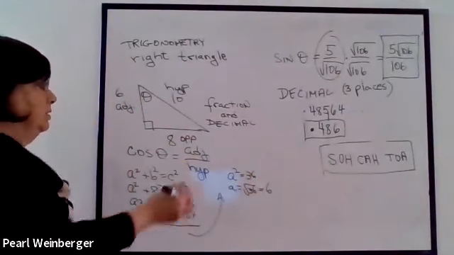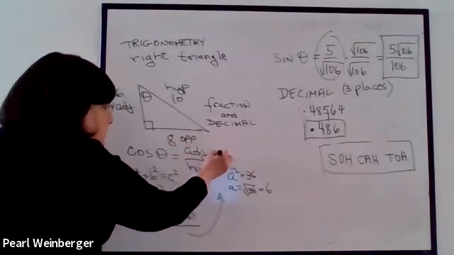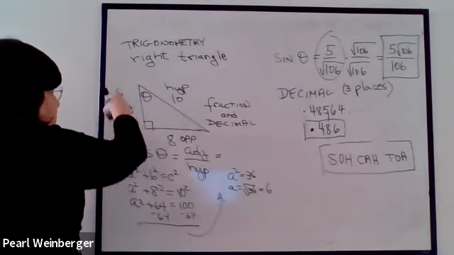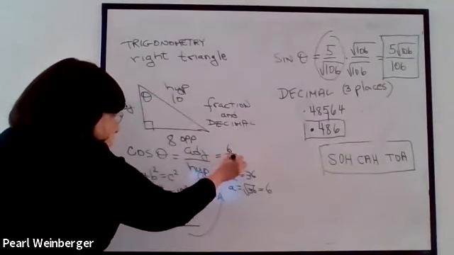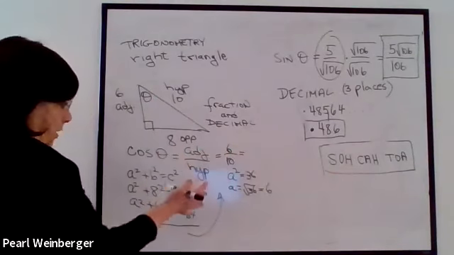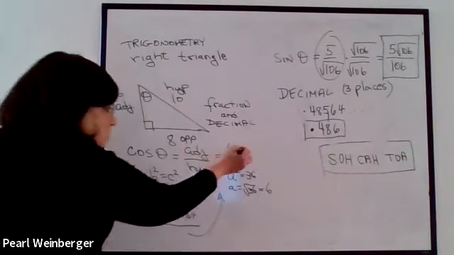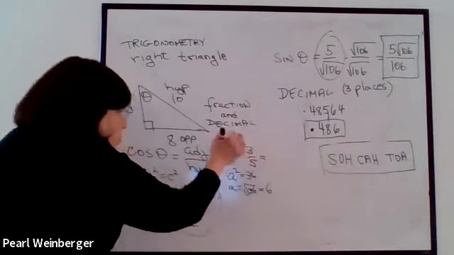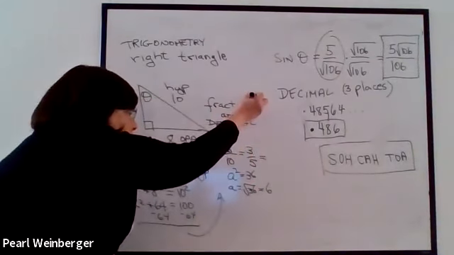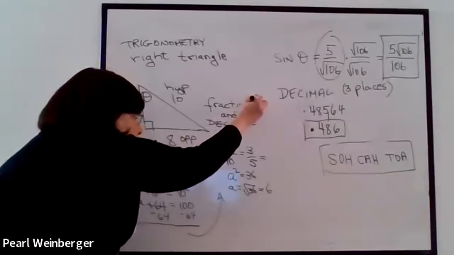So now I can tell you that my cosine is adjacent, which is 6, over hypotenuse, which is 10. Of course, if I wanted to, I could reduce that fraction to 3 over 5. So I would say my fraction answer is 3 over 5.